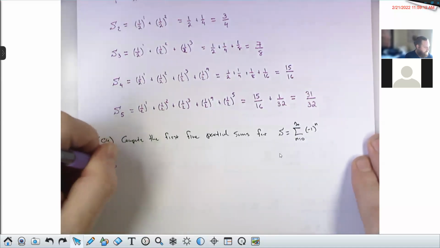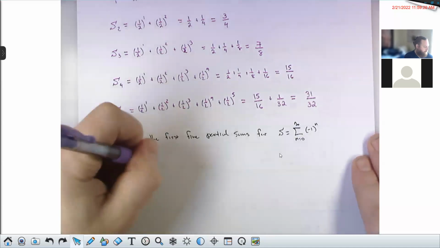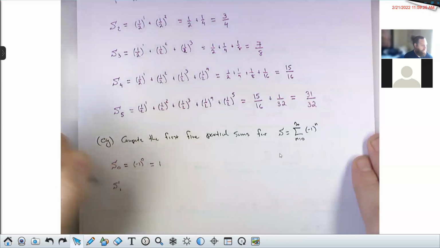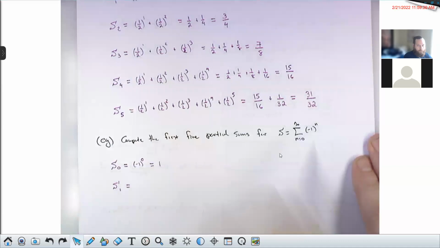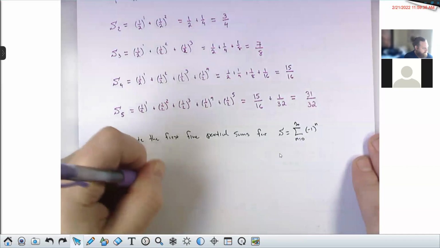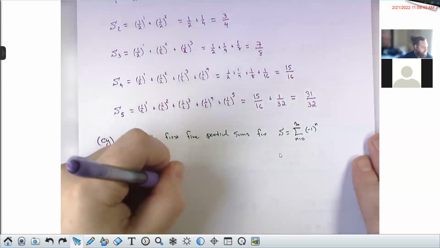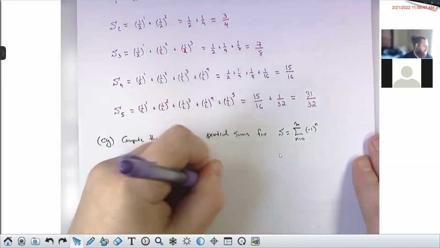S0 is just going to be (-1) to the 0, which is 1. The next guy, S1, would be the sum out to n equals 1. So that's (-1) to the 0 plus (-1) to the 1. That's 1 plus -1, which is 0.